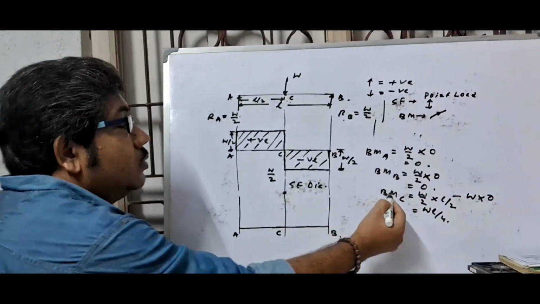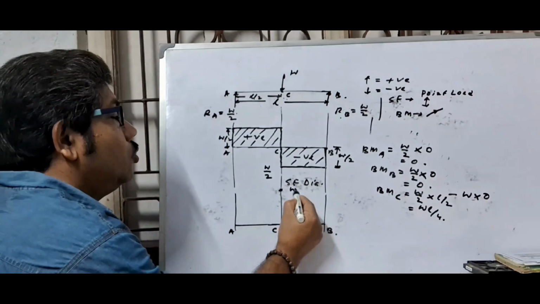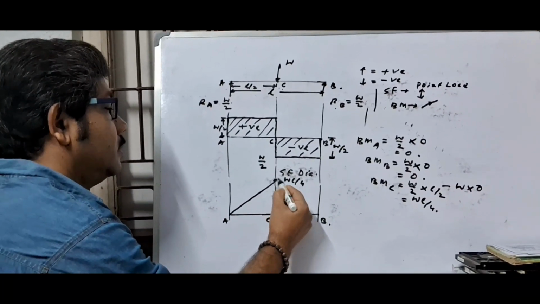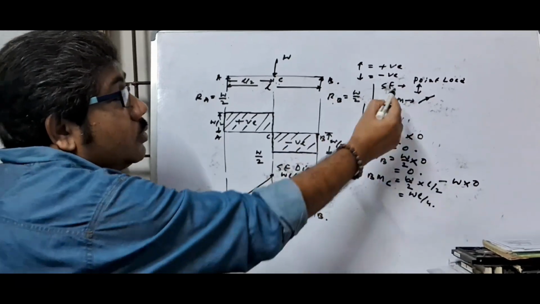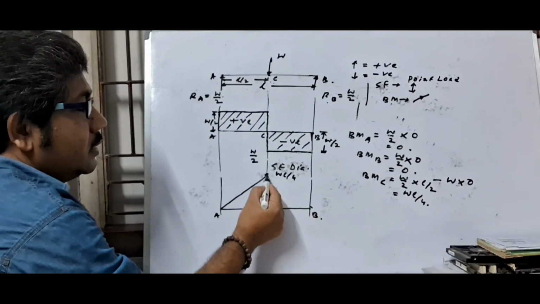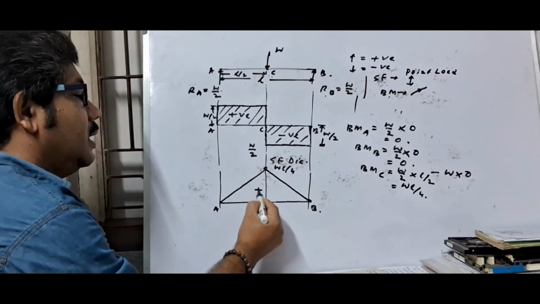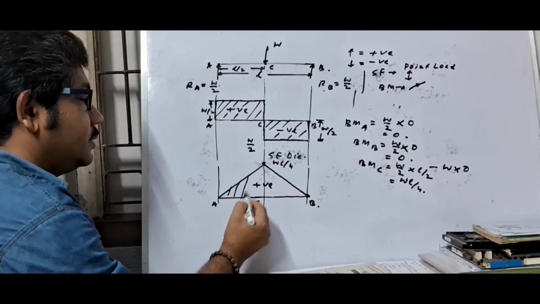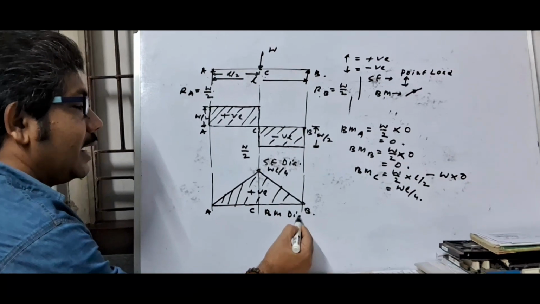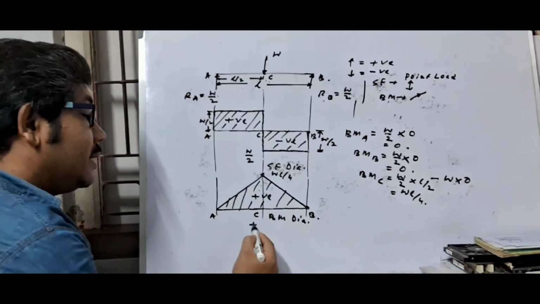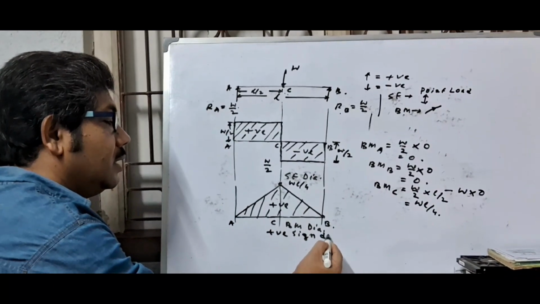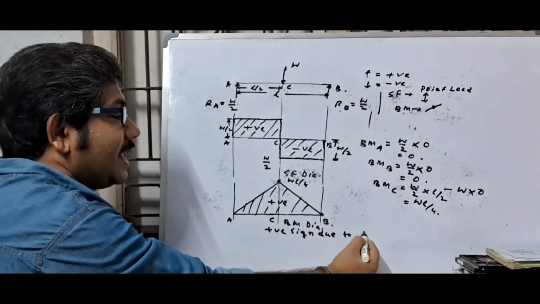Connect these points, and we know that for the bending moment diagram this is an inclined straight line. This is the positive section line, and this is the BM diagram, with a positive sign due to sagging.